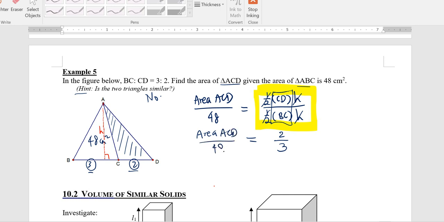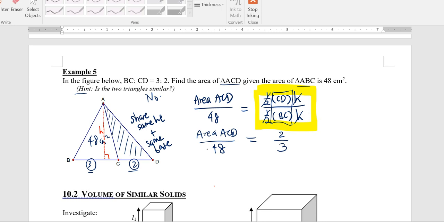So, in summary, whenever you have two triangles sharing the same height and the same base, there is this simple relationship that can be formed using just half times base times height over the other half times base times height. And because the height is the same, they get divided away.